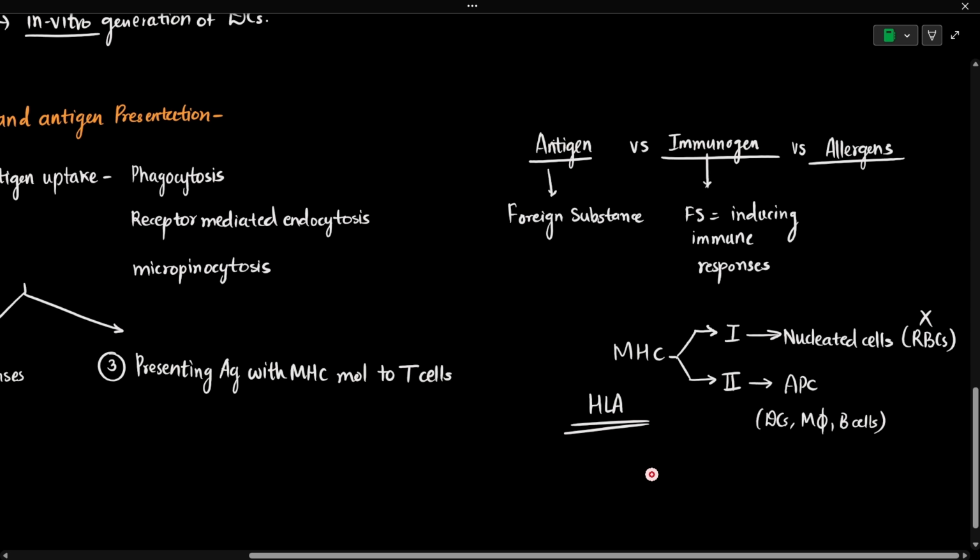So RBCs do not have MHC1 molecules. If the blood groups of two persons match, meaning the antigens present on the RBCs match, then any person can donate his or her blood to another person. Because RBCs don't have MHC1 molecules, they won't be rejected by the immune system of the receiver as non-self if the blood type is self.